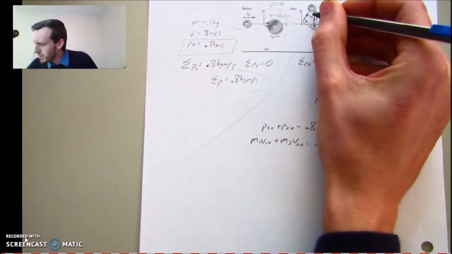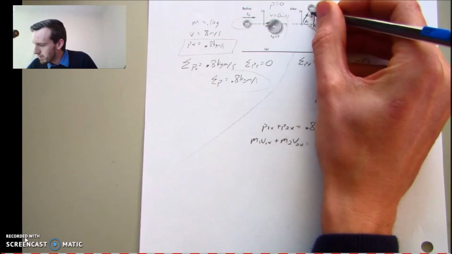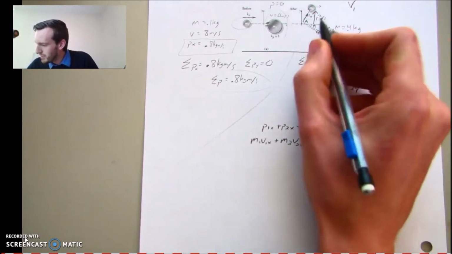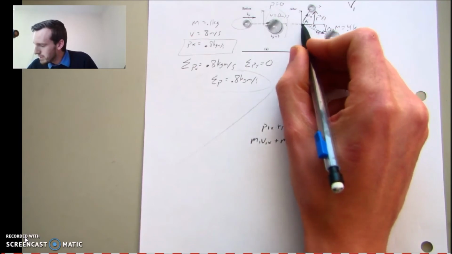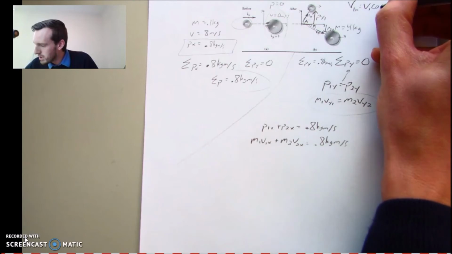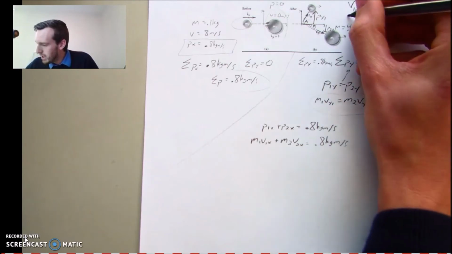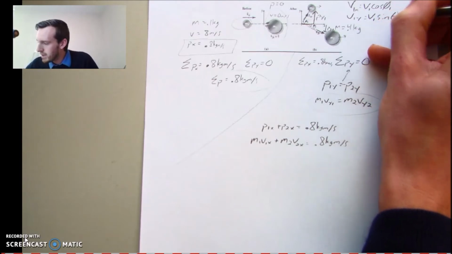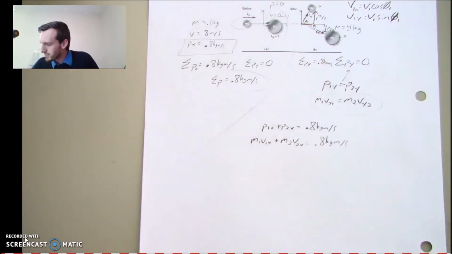Because we can write an expression up here for this velocity. This is the overall velocity. So what we can say is this V1, and if we're looking for the x component of that, V1x would be equal to V1 cosine of this angle 1, and V1y would be equal to V1 sine of that angle 1.